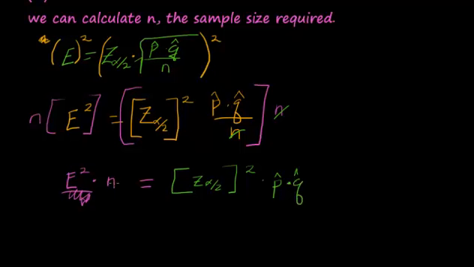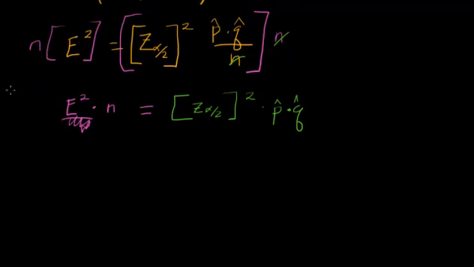Almost there. What I want is n by itself. So the next step will be to divide both sides by the margin of error squared. So if I divide this side by the margin of error squared, it's going to cancel. Divide this side by the margin of error squared, and this is my new equation.